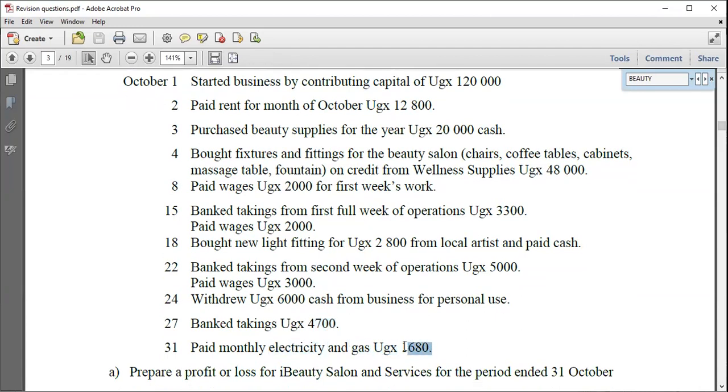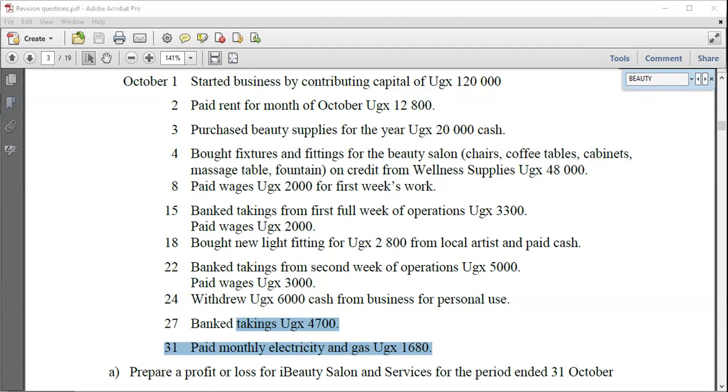Now imagine you had actually paid 16,800, but somebody recorded 1680. You get it? And when somebody was picking this transaction from, let's say, the bill from Umeme, or from the invoice, or from the payment voucher you used to pay, instead of picking 16,800, they left out a 0. That error will not be detected by the trial balance.